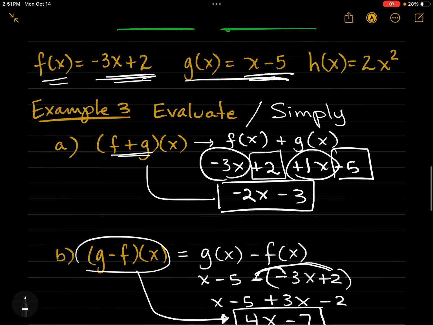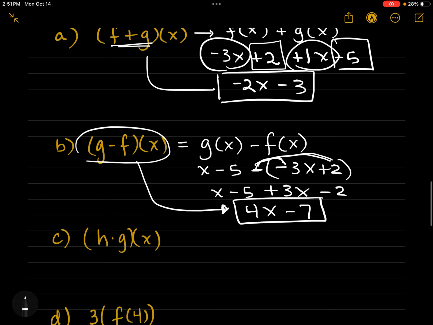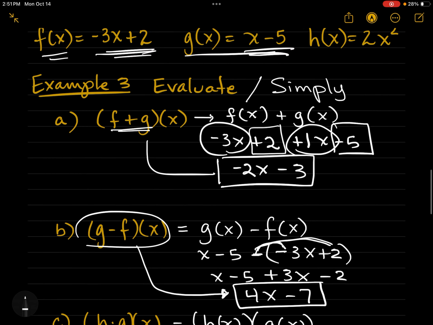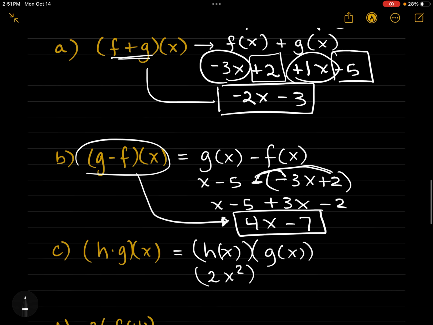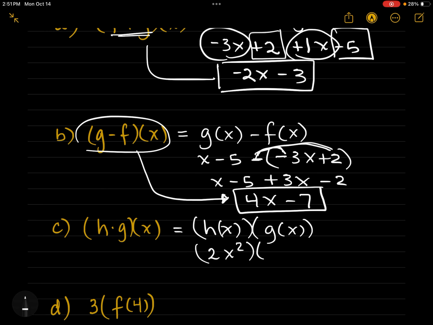Now, what was h? Oh, 2x squared. So this is really h of x times g of x. So I'm going to multiply these functions together. So h of x is 2x squared. And let me see what g of x is, x minus 5.